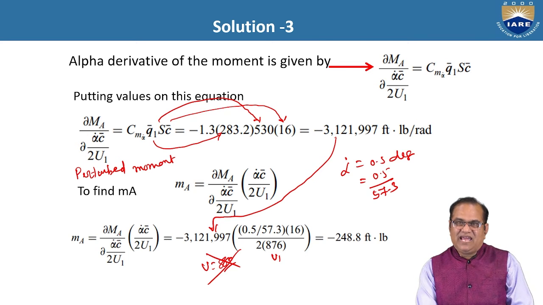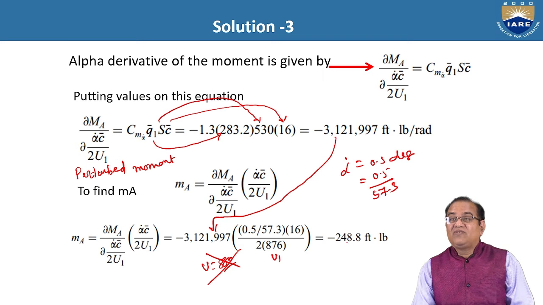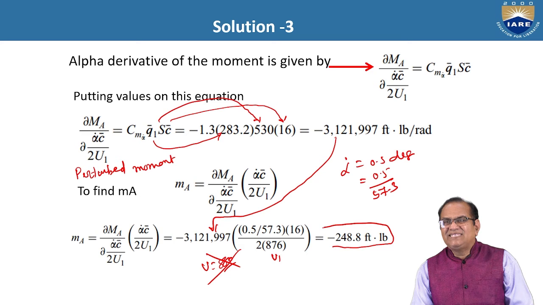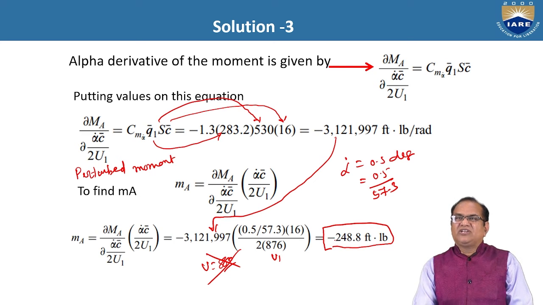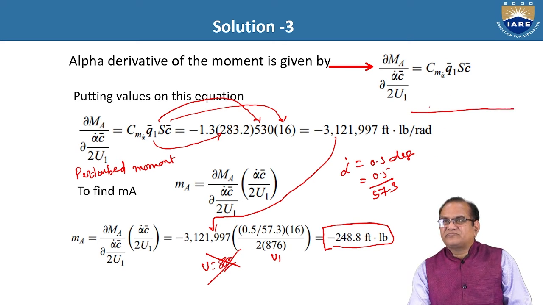So we got here MA is equal to minus 248.8 feet pound. That much moment we will get. It is a huge amount. So by changing a small variation of 0.5 degree, we are getting this much moment. If you take this aircraft, this is the CG and here is your tail.